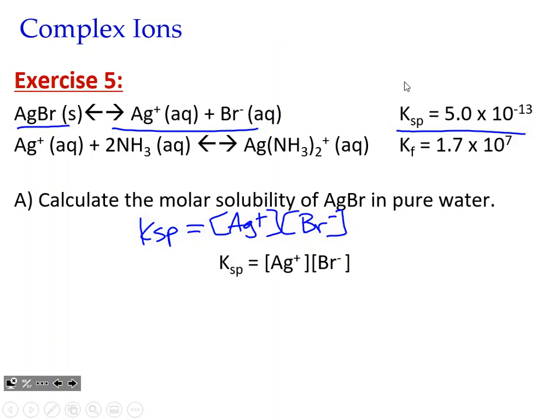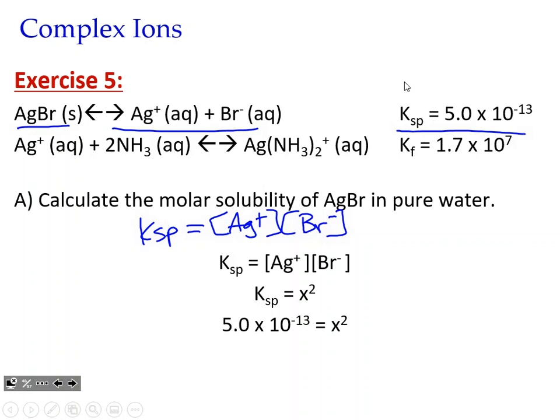This is a 1-to-1 ratio. So Ksp is going to equal x squared here. Then we plug in our number. Your Ksp is 5 times 10 to the minus 13. All you have to do is take the square root, and you'll get your molar solubility.